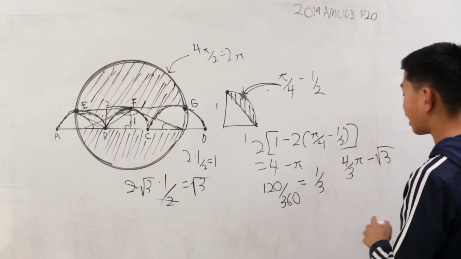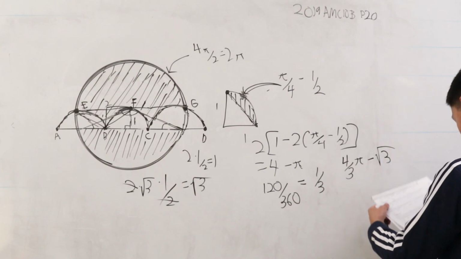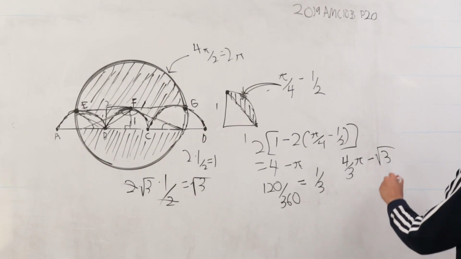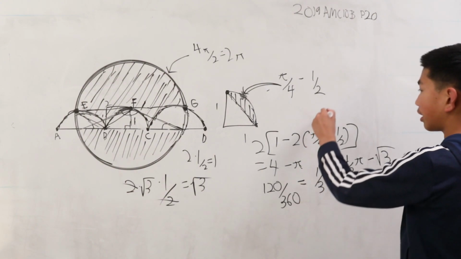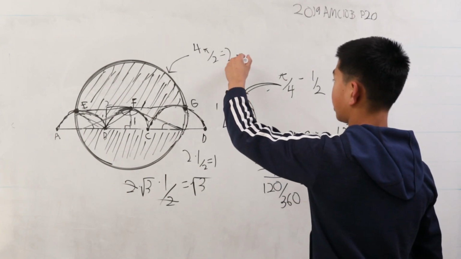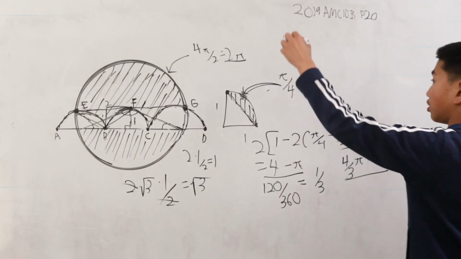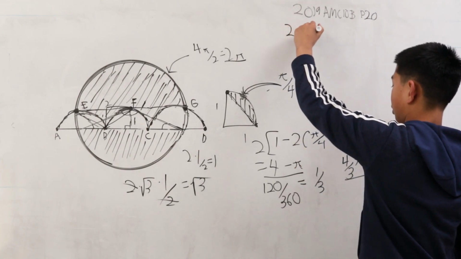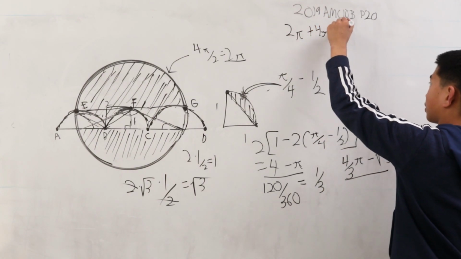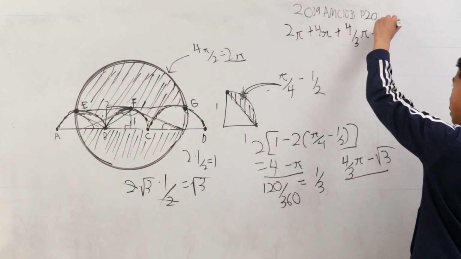We want to add all of these up and have it in the form of A over B times pi minus root C plus D. We have 3 regions, since we broke it up into 3. So this is 2 pi plus 4 minus pi plus 4/3 pi minus the square root of 3.